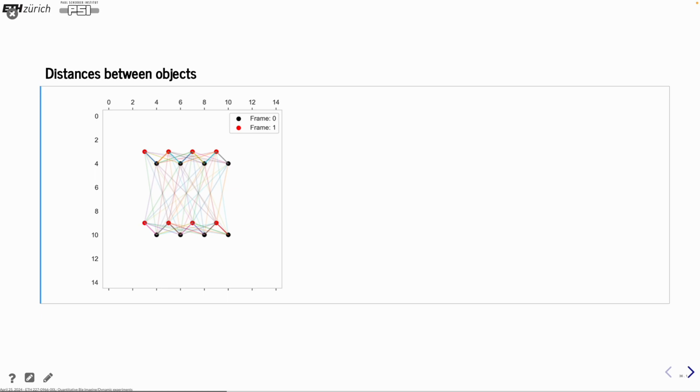And we're doing that, we compute the distances between all these dots. So we have black dots, they are from frame 1, and the red dots are in frame 2. And you can see that some of them have pretty long distances, and they are not very likely to be the next candidate. And others, they are much closer, so let's rather go for those.